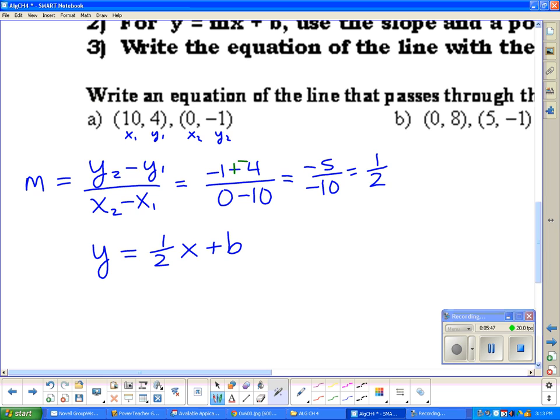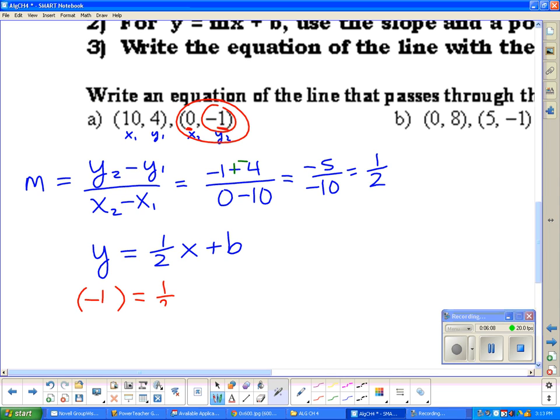So, I'm going to plug this in for my x and for my y in this thing. So, instead of writing y, I'm going to write this -1 from up here, because that is a y in this equation. And instead of writing x, I'm going to write 0 in here.